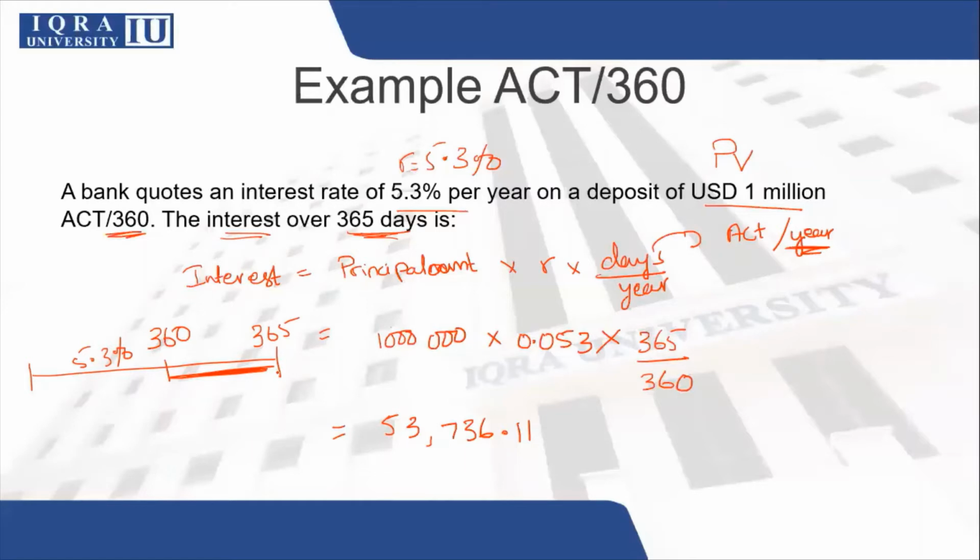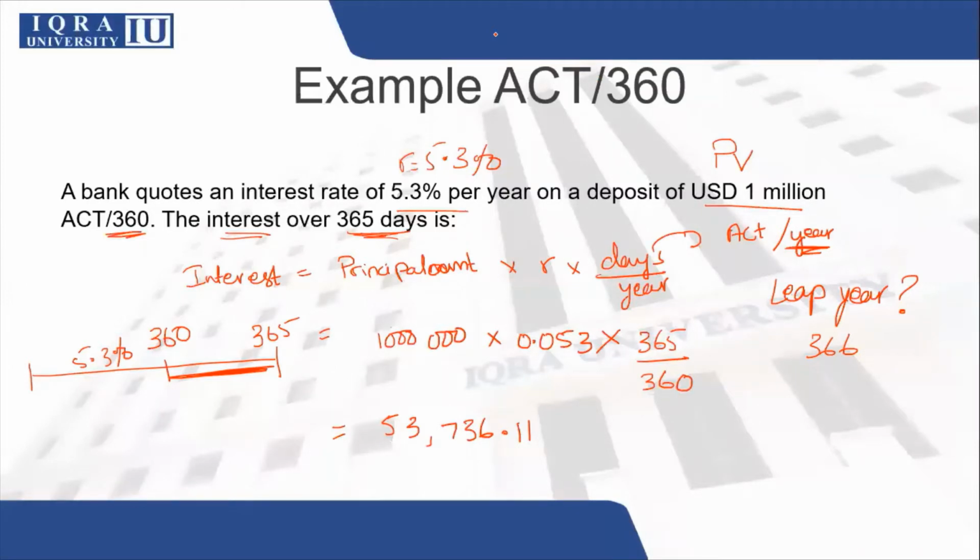Now, similarly, we can discuss this concept more by thinking about leap year. In a leap year, you do not have 365 days, you have 366 days because February has 29 days in that case. So how are you going to take into account the one extra day? You're going to get interest for that one extra day as well.